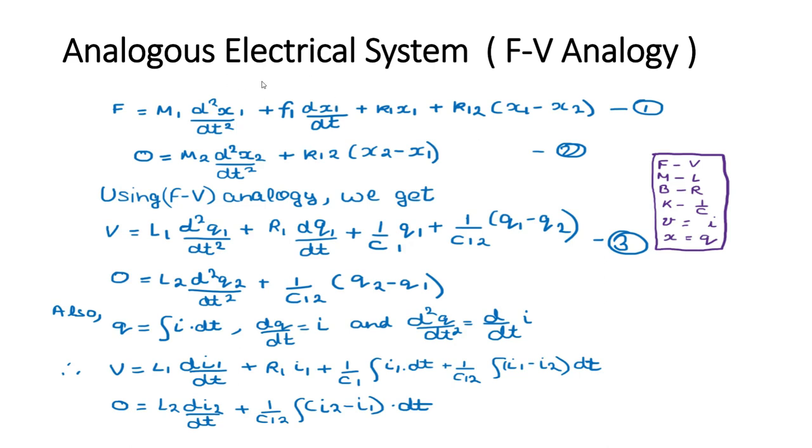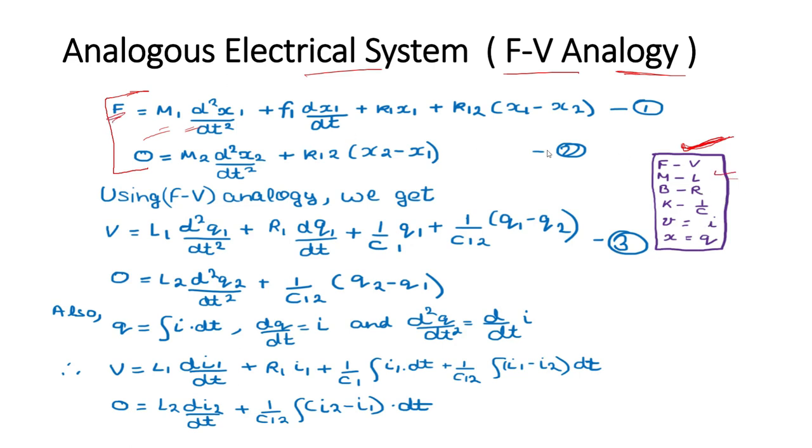Okay, so now we will draw the analogous electrical system, which is the force voltage analogy here. So these were the two equations which we have derived from the nodal diagram, and now we will replace all these mechanical terms by their equivalent electrical terms using this FV analogy. I have shown you this analogy in a big chart form, and now this is in short.